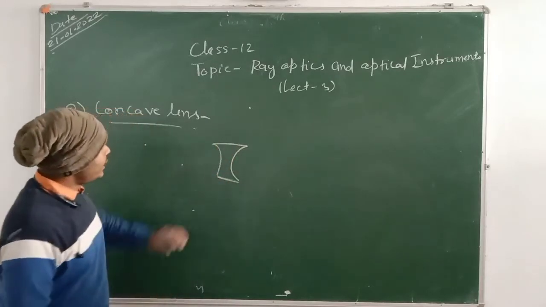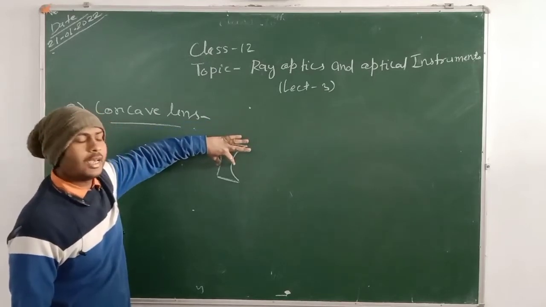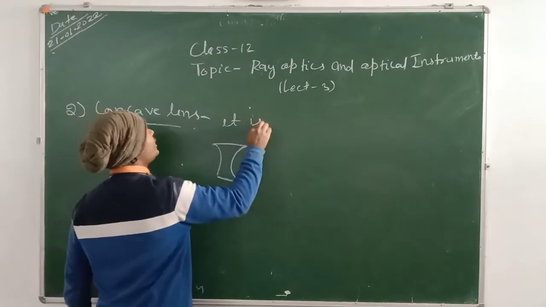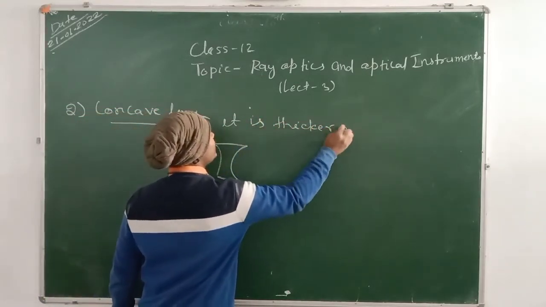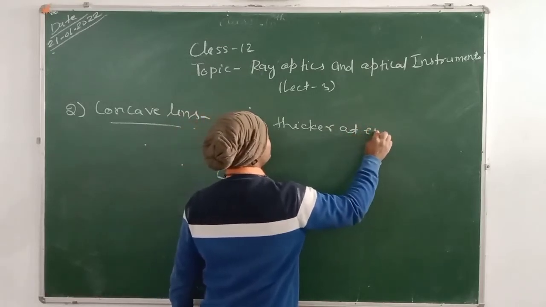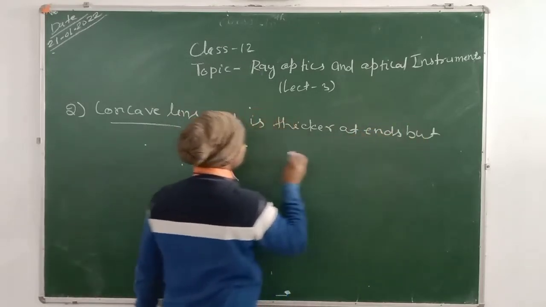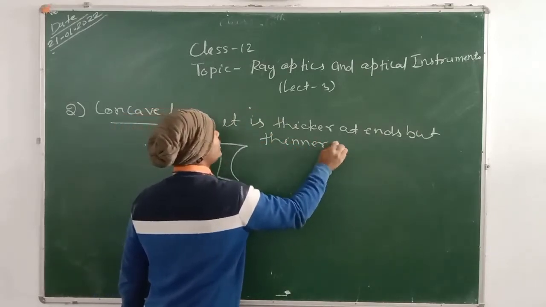Concave lens is thicker at end, but it is thinner at middle, as we have seen. So concave lens is thicker at end but thinner at middle.